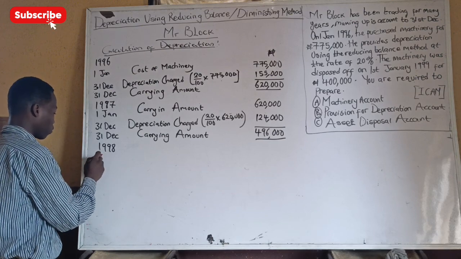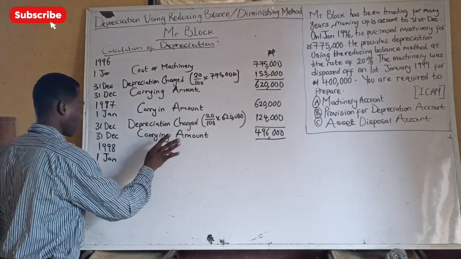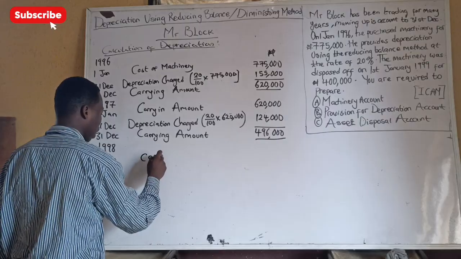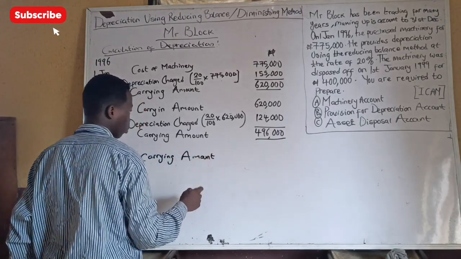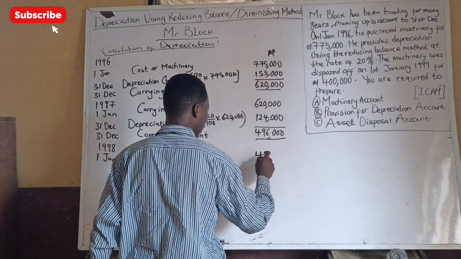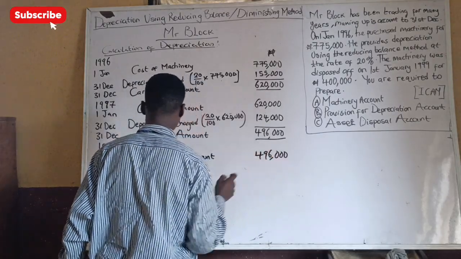Now, on 1st January, at the beginning, we have the carrying amount to be 496,000 naira.